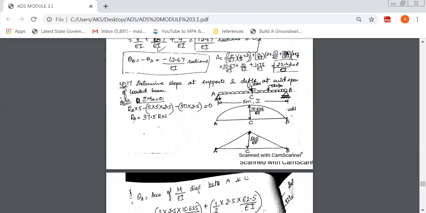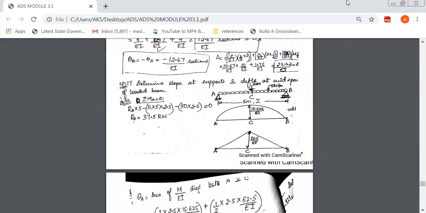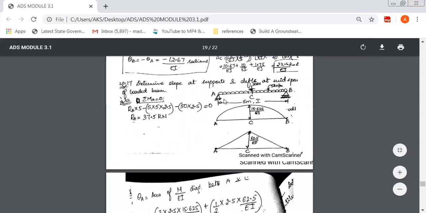Because there are two types of loading, we'll split this into two different bending moment diagrams. There's a UDL throughout, which is symmetrical, and there is a point load at the center, which is also symmetrical.